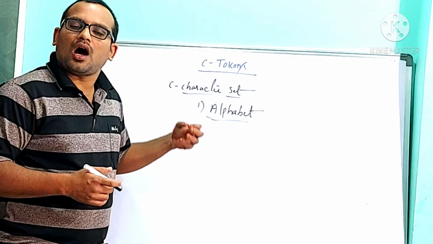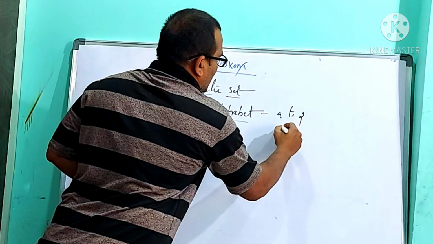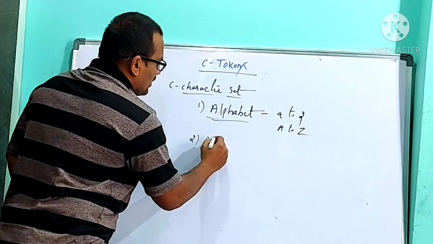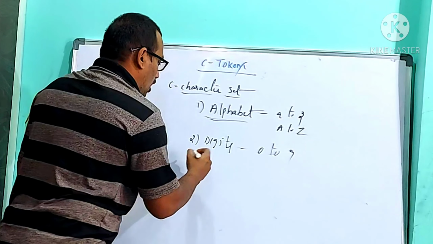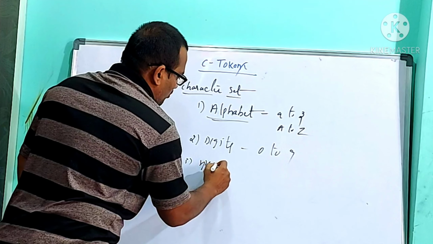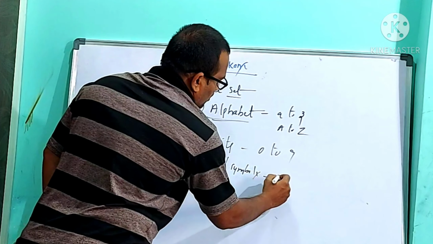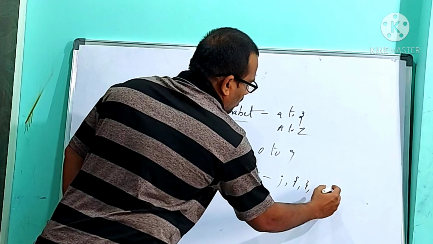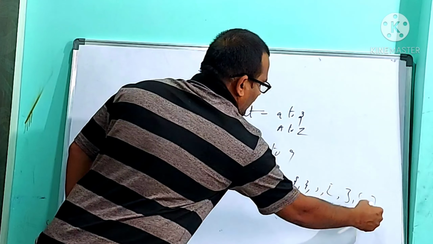Generally, we use alphabets from small a to small z, capital A to capital Z. And also we are using digits like 0 to 9. Also we are using special symbols like semicolon, open curly brace, close curly brace, comma, open square bracket, close parenthesis, like that.